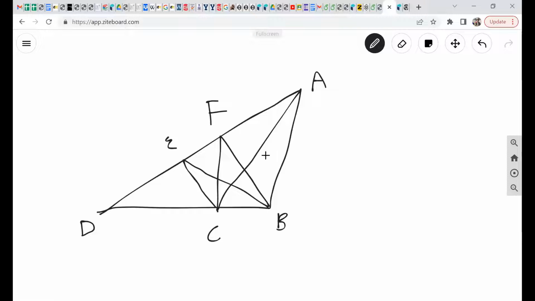We know that, first of all, angle ABF is equal to 80 degrees.